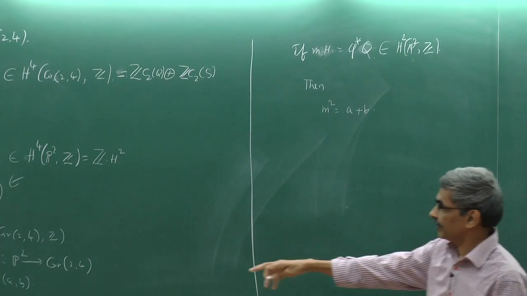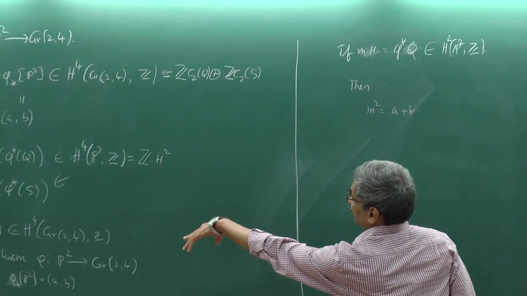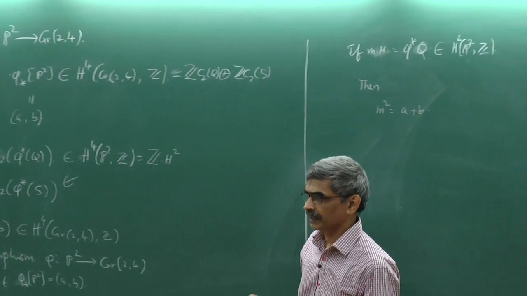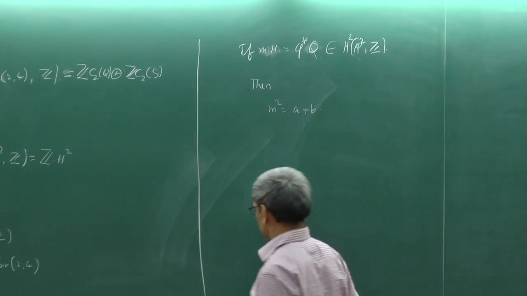Whenever you have a morphism with A and B given such that A, B is represented by an image of this, then it has to satisfy this property.